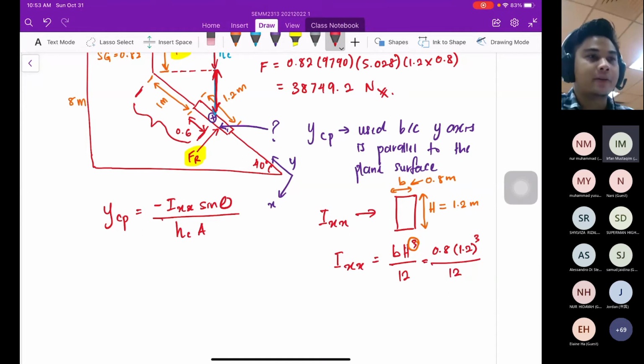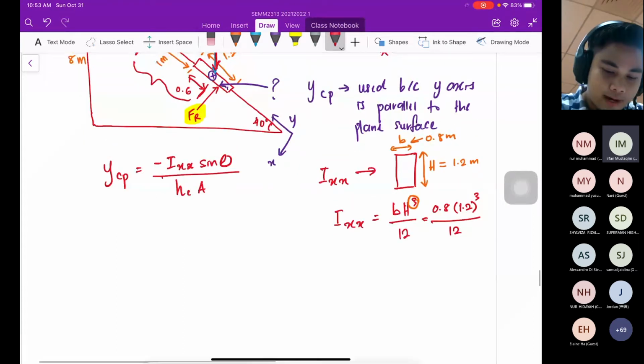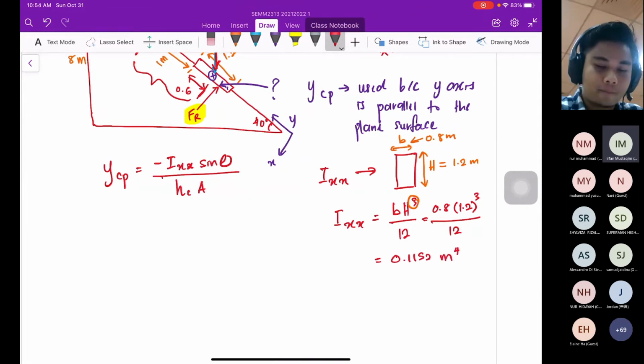Different geometry will have different Ixx. For this one, it is rectangular. So you will find that the value of Ixx is basically 0.1152, the unit of m to the power of 4.